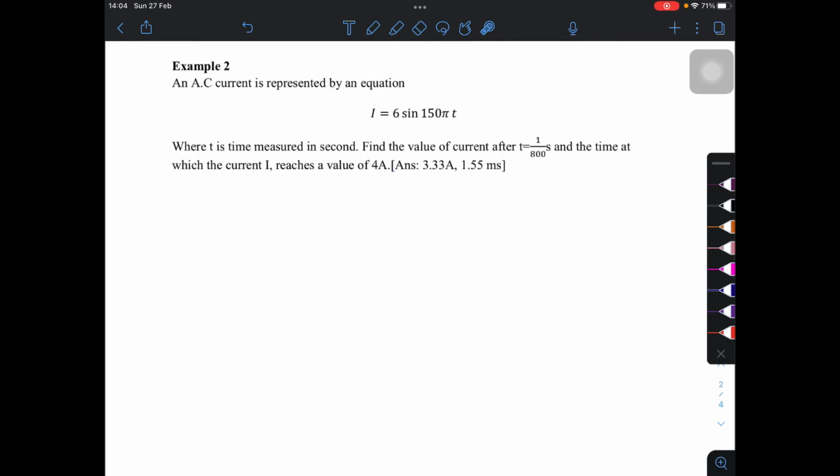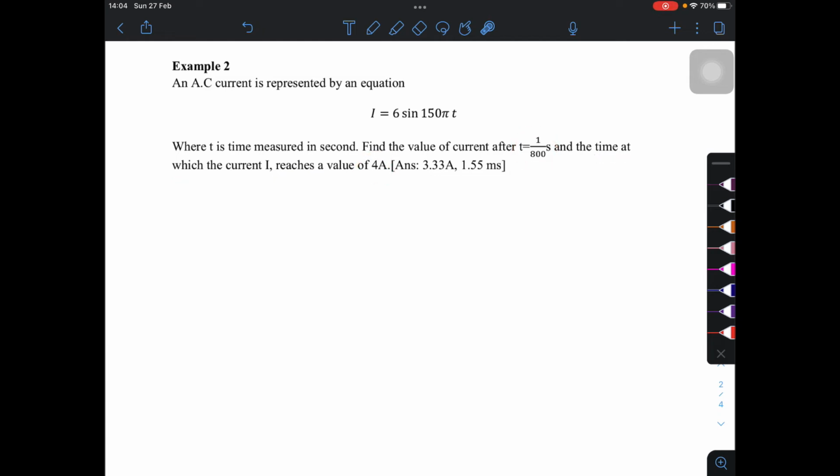Now let's look at example 2. An AC current is represented by an equation I is equal to 6 sin 150 pi t, where t is time measured in seconds. Find the value of current after t is equal to 1 over 800 seconds, and the time at which the current reaches a value of 4 ampere.